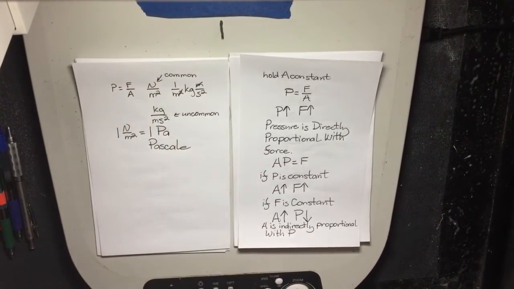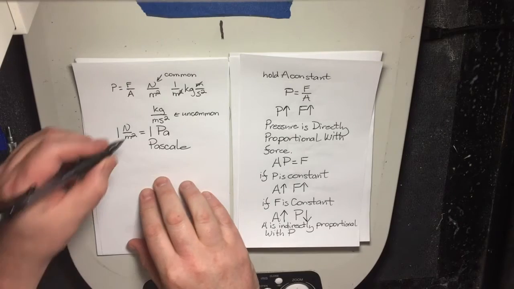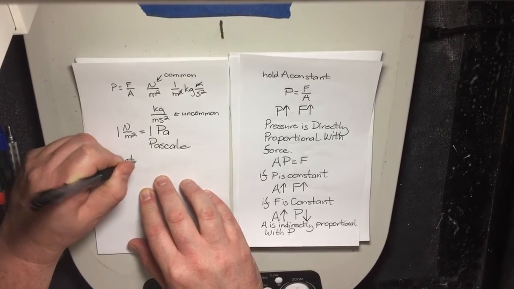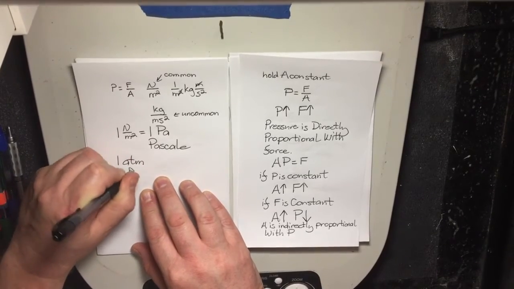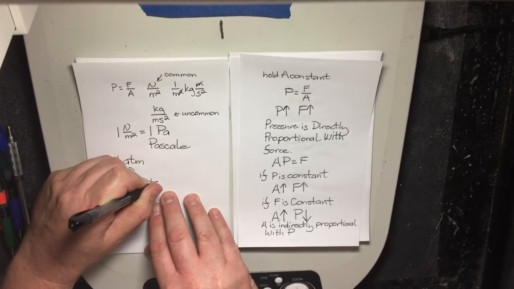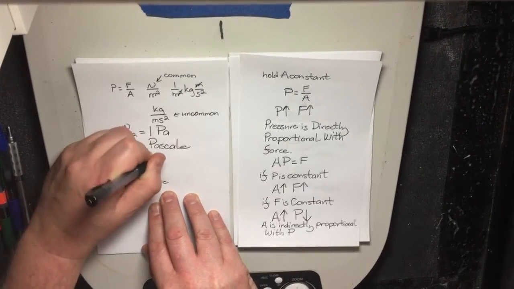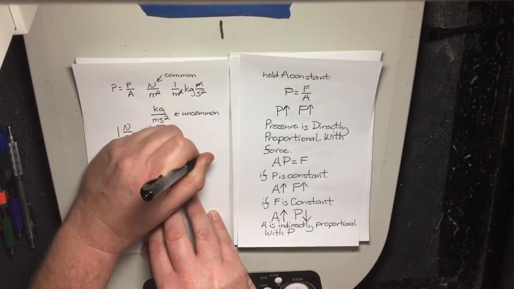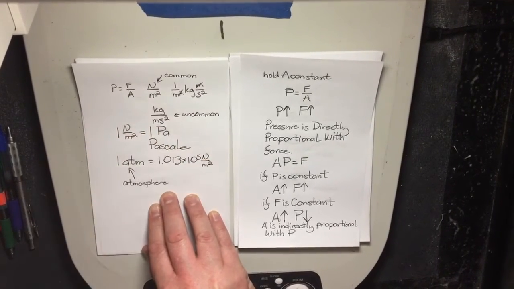They're interchangeable, just like you could say kilogram meter per second squared is a Newton. There's another unit that we have, 1 atmosphere. And 1 atmosphere is 1.013 times 10 to the 5th newtons per meter squared, or pascals.